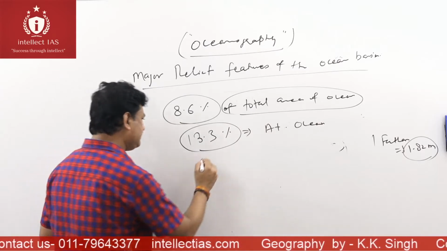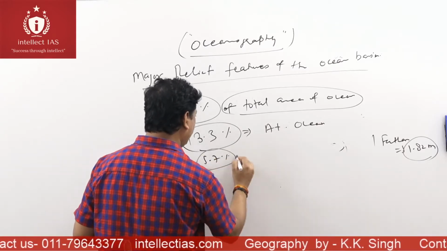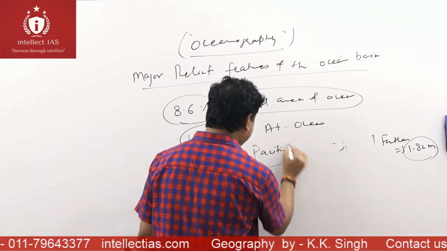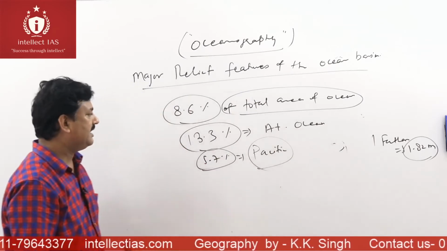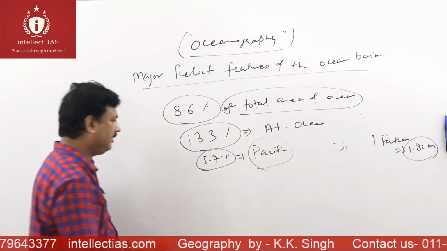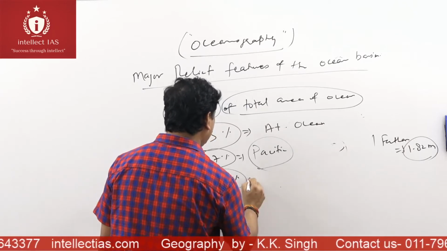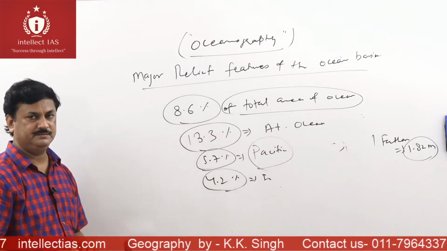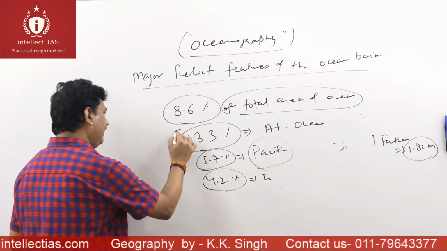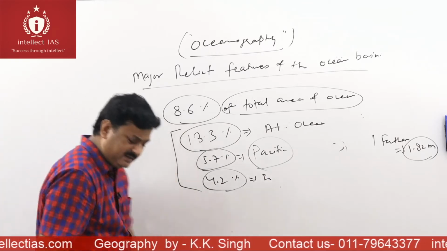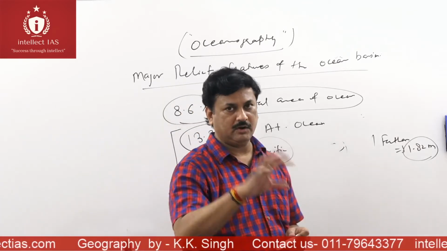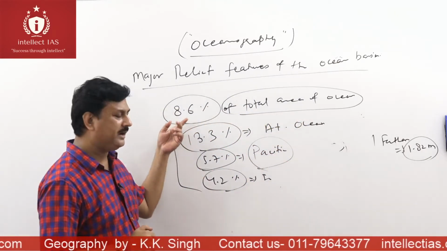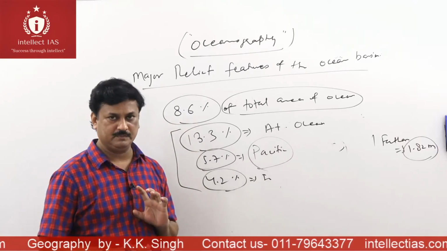Just like that, 5.7% of the total area of Pacific Ocean is under continental shelf, and 4.2% of Indian Ocean is under continental shelf. So the area of continental shelf varies according to the oceans, but overall it occupies about 8.6% of total area of ocean, okay.